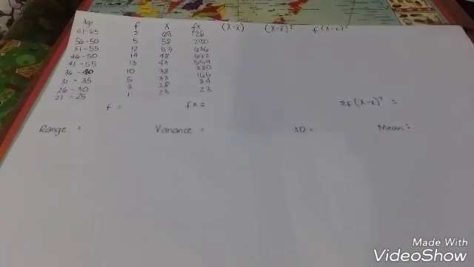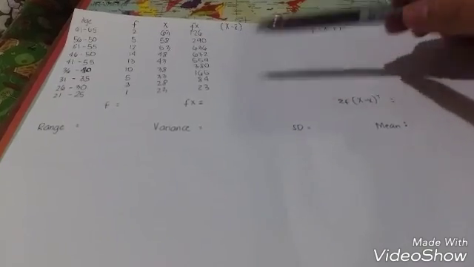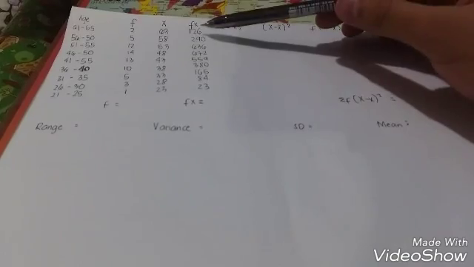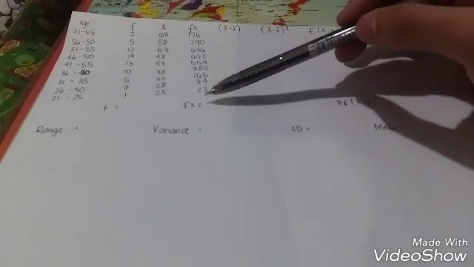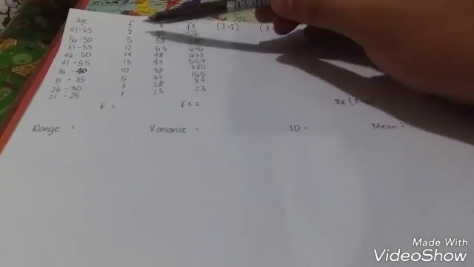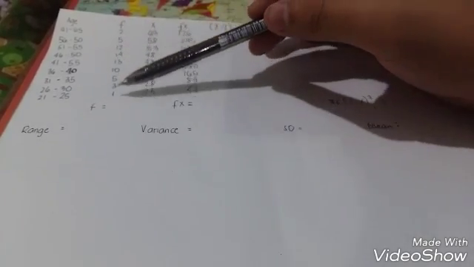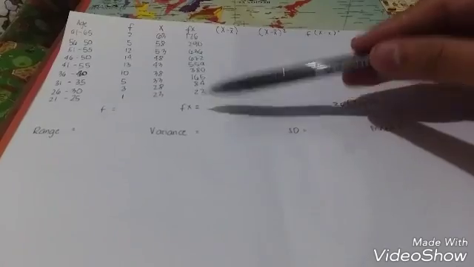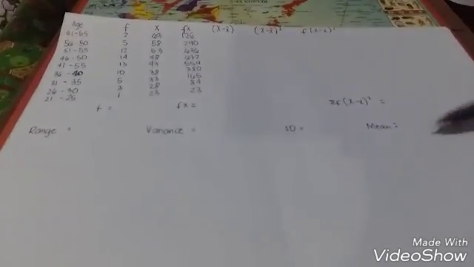And in getting the class mark minus mean column, first, you will add these numbers on the column of f of x and on the column of frequency. So the total of f of x divided by the total of f, and then we will get the mean.